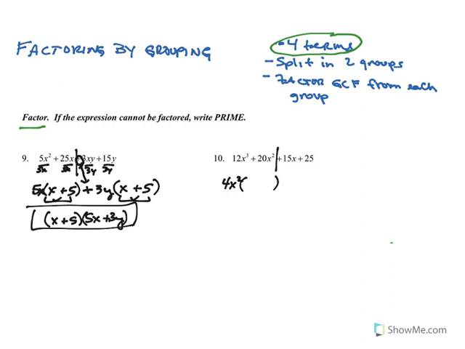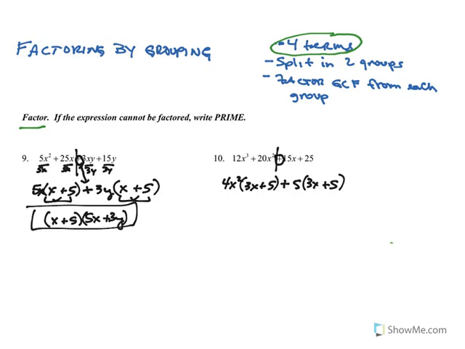When I factor that out, I'm going to end up with 3x plus 5. Then in my second group, I'm going to bring my plus sign down. The GCF for 15 and 25 is 5. They both do not have an x, therefore I cannot factor out an x. When I divide that out, I'm left with 3x plus 5.